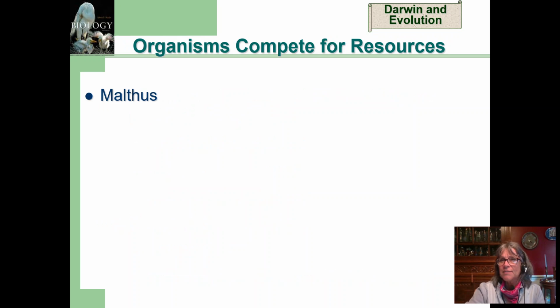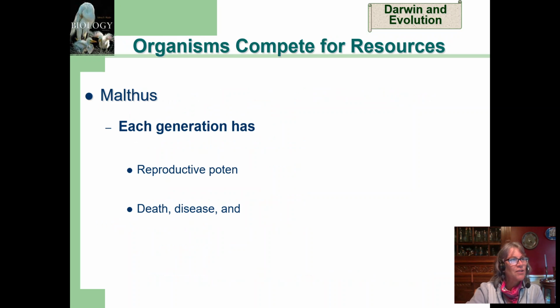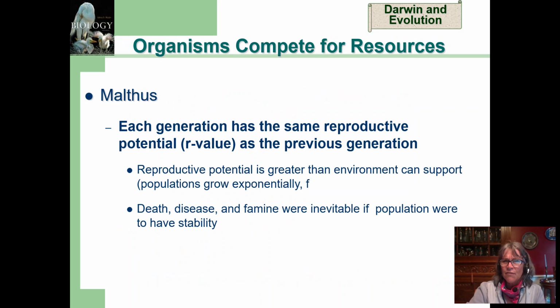We also see organisms compete for resources. This again is looking at Malthus. From generation to generation, we have the same reproductive potential. That's our r, intrinsic growth value. Without limits, how fast can we reproduce? So the reproductive potential is greater than the environment can support indefinitely. We're going to reach that carrying capacity.